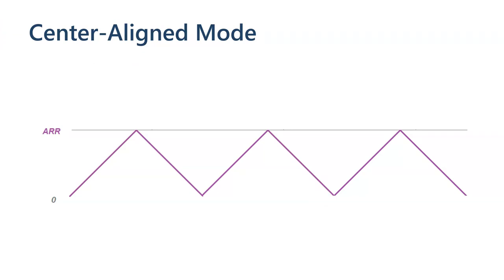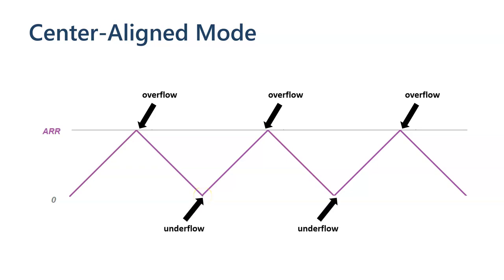Now in the center aligned mode, you can have an overflow because you've gone past the ARR, and that's why you're heading down. That's called the overflow, and it can be used to generate an interrupt. When you get to this bottom point right here, you can have an underflow, just like you would from a down counting mode.